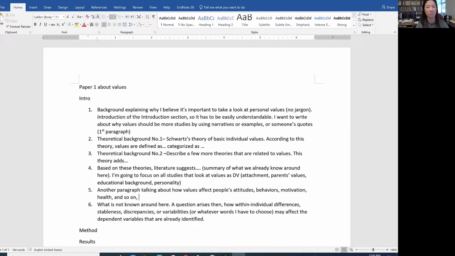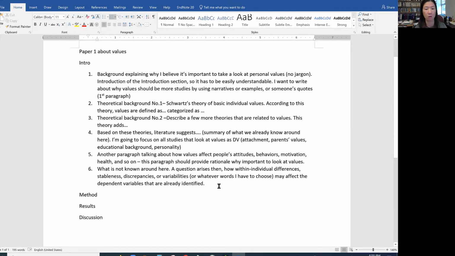Because this paragraph should provide rationale why it's important to look at values. Then we say, because it's already known, what's not known is additional variables still related to values, not just commitment, but within individual, within person variability.